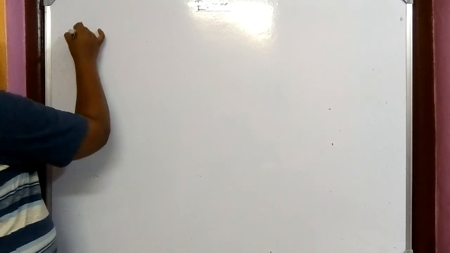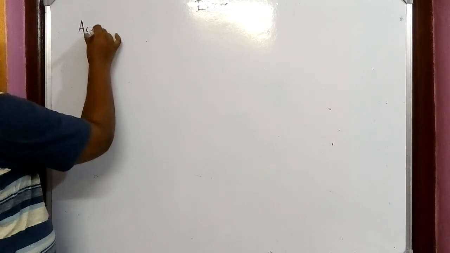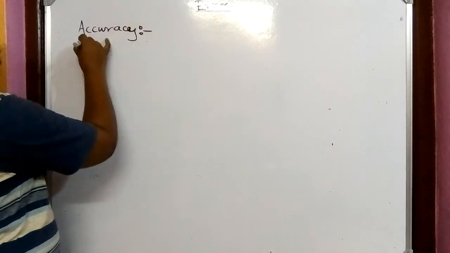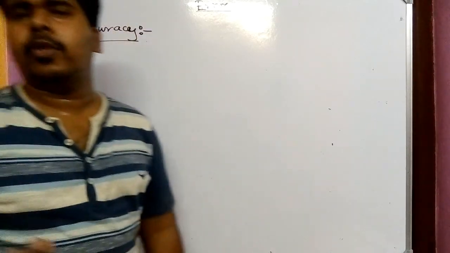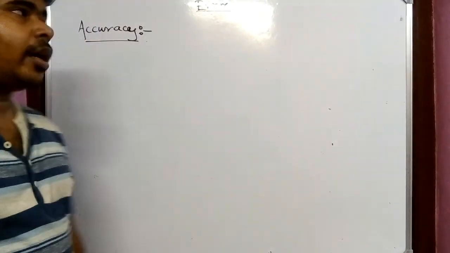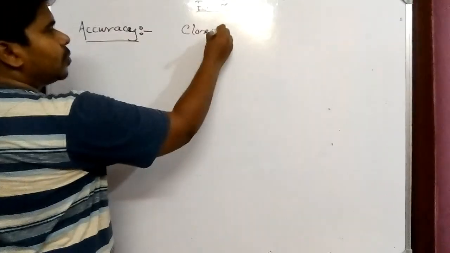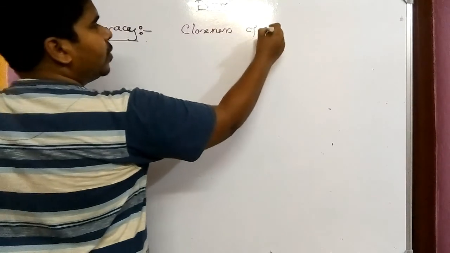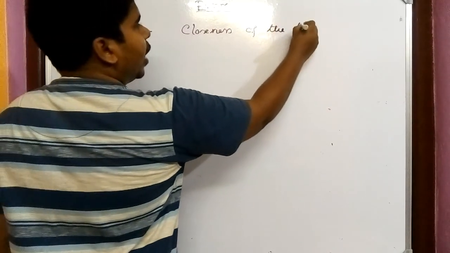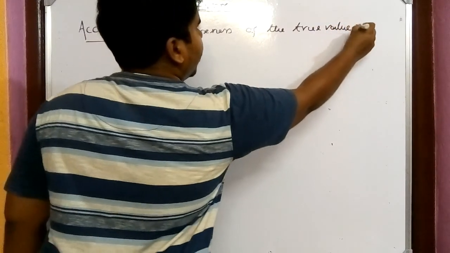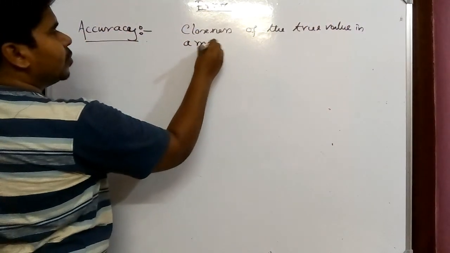In starting the error, we have to learn about two terms. First one is accuracy. What is accuracy? Just now I have told. That is our desire to get closeness to the true value in a measurement.